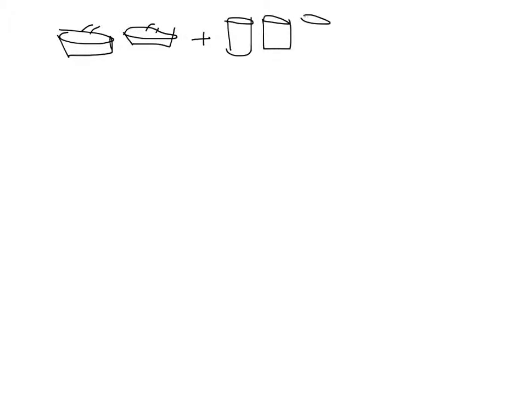Let's say this time around, though, we're asked to buy 2 pies and we are also asked to buy 3 Cokes. Let's make those red just so they look a little bit more lifelike. Okay, that's our first objective.